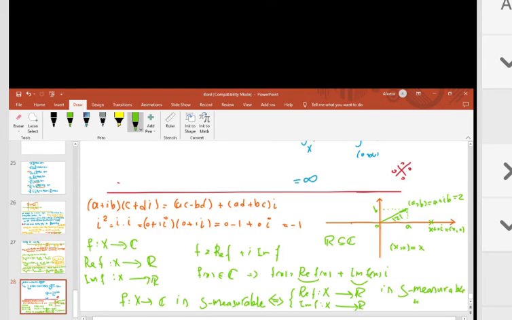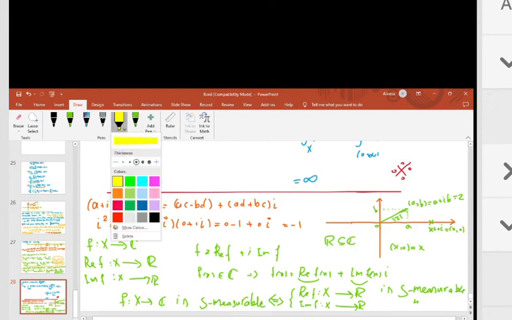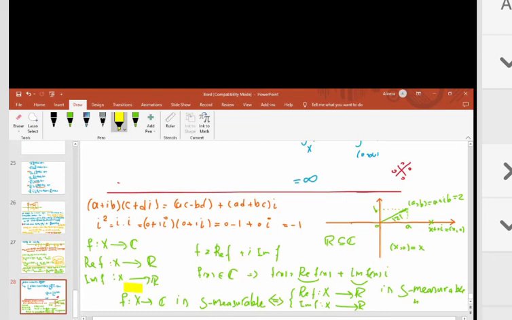These two are equivalent. This is the definition of measurability for complex numbers, complex valued functions.